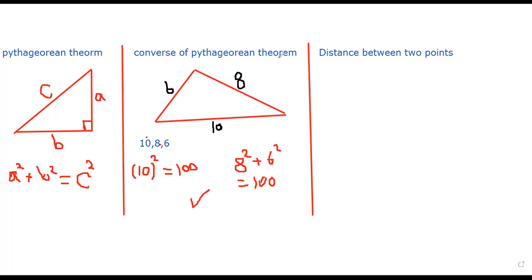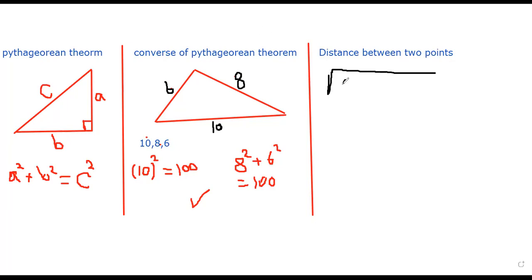The distance between 2 points. Is there anyone who can tell me the formula which we can use if I want to calculate the distance between any 2 points? x2 minus x1. Yes.